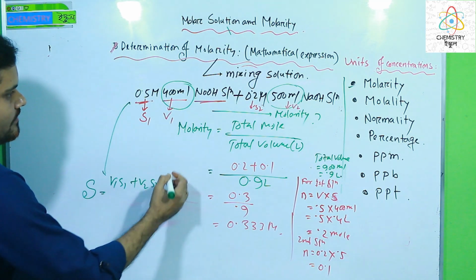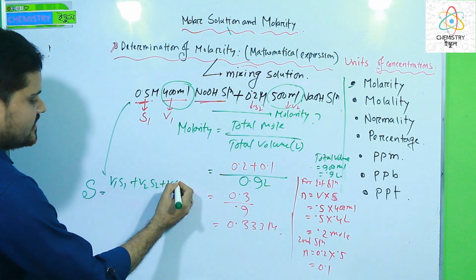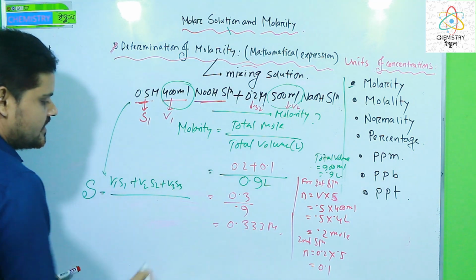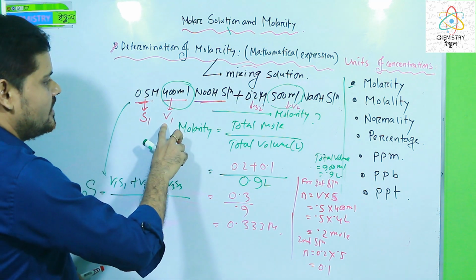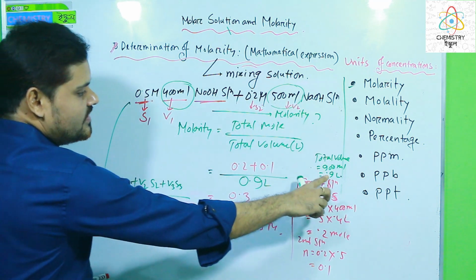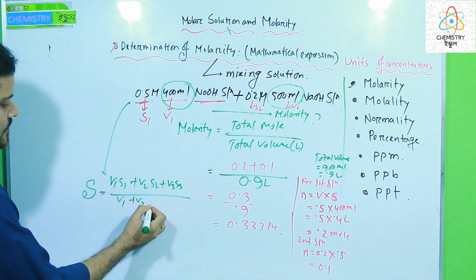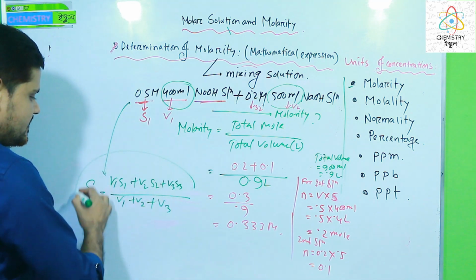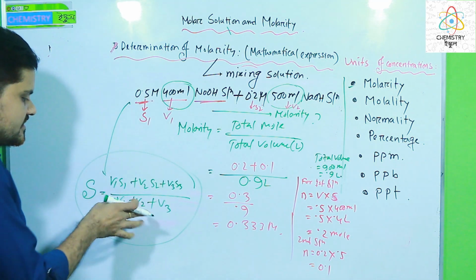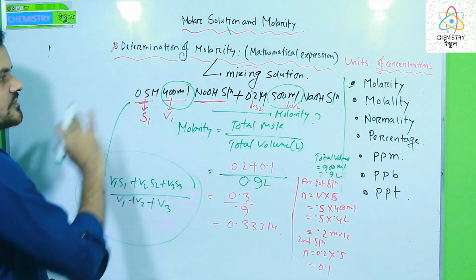And if we have a third solution, we can write V3S3 like that. And divided by the total volume, I mean we add V1 with V2, 900 milliliters. So we write V1 plus V2, and if there is another solution, V3. Then by applying this equation we can find the molarity of the mixed solution.